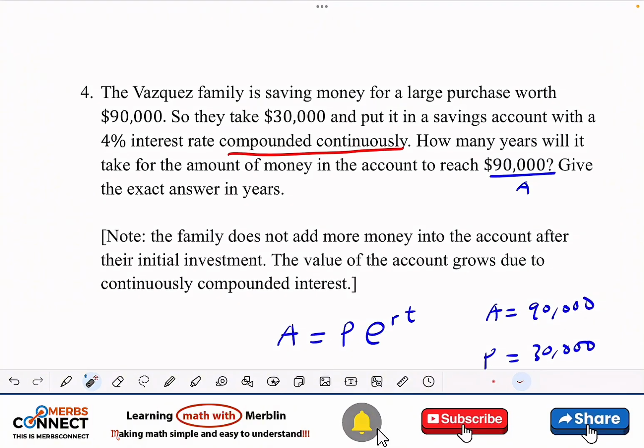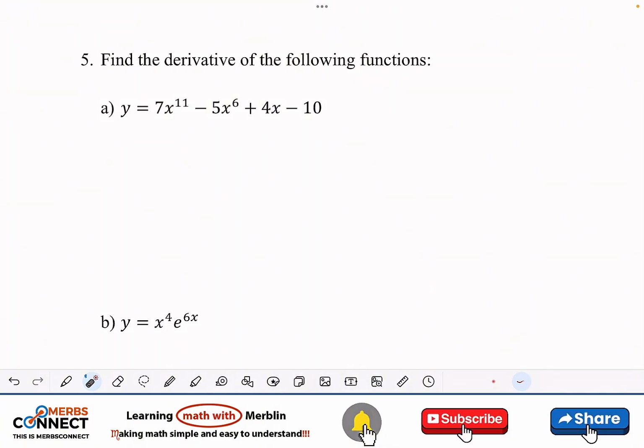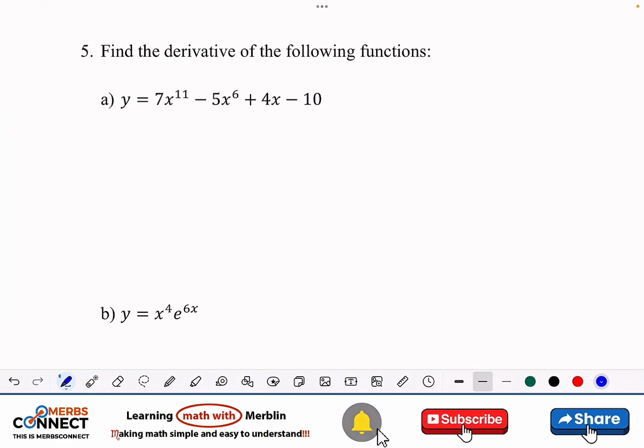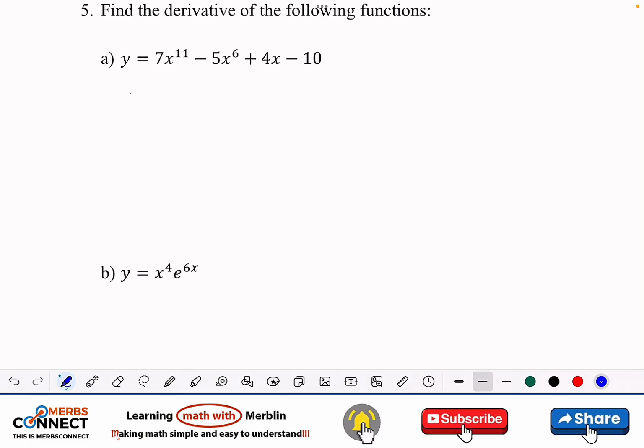All right, let's look at question 5. Find the derivative of the following functions. This is a polynomial function, so we don't need to do any simplification. What will be y prime or dy over dx? Using the power rule, 11 will multiply 7, which gives us 77.